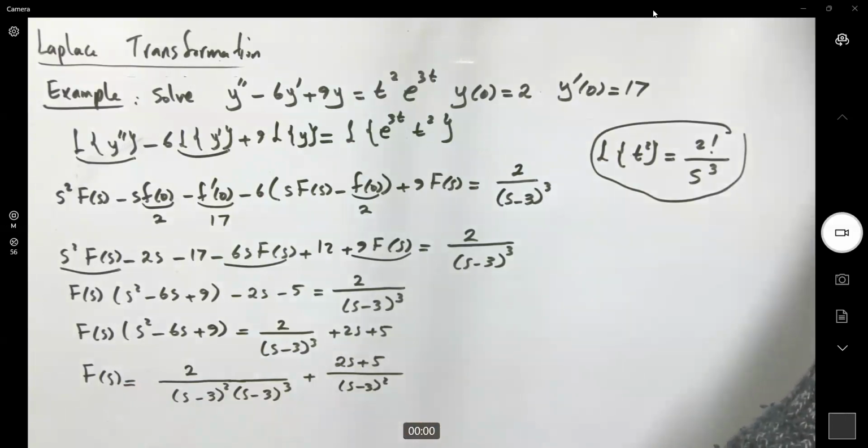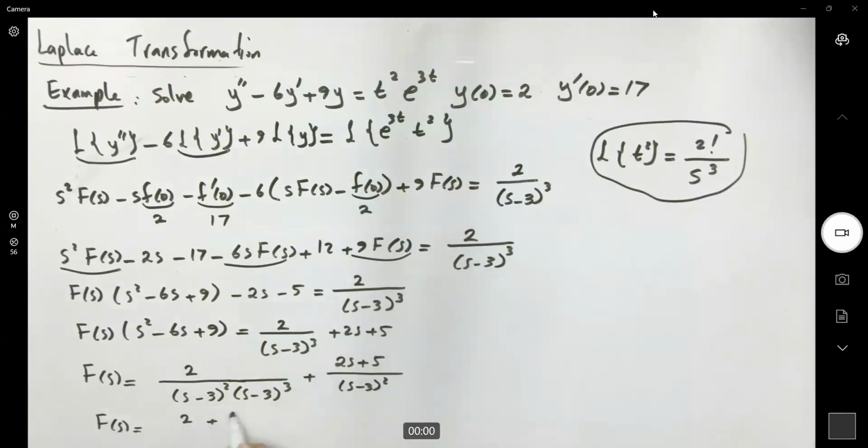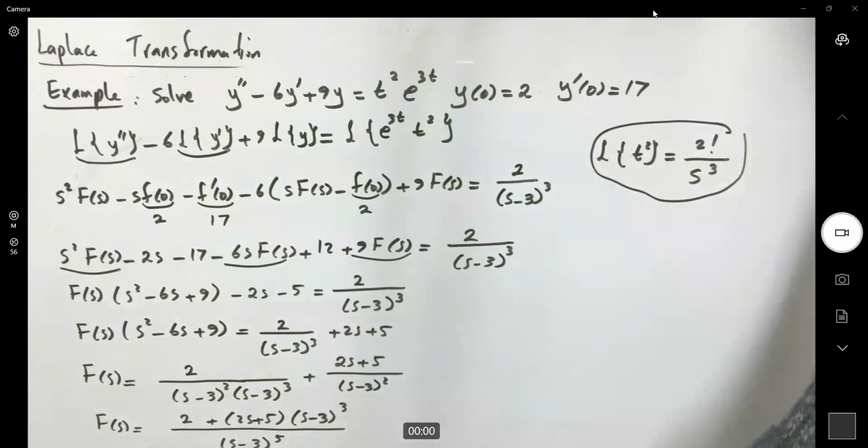As you can see, we're going to combine these two fractions. F(s) becomes 2 plus (2s plus 5) times (s minus 3) to the third, divided by (s minus 3) to the fifth. Pure algebra. Very well. We need to decompose this and figure out what partial fractions we are dealing with.